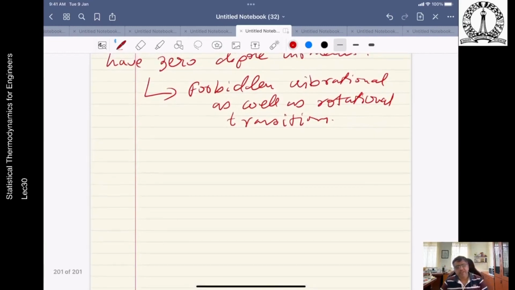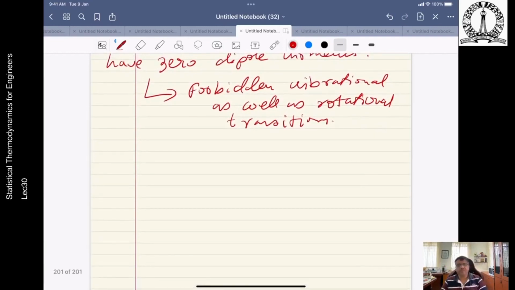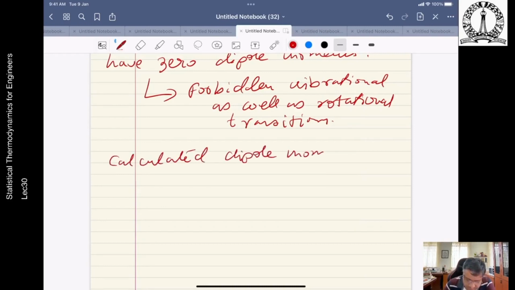So what spectroscopists did was to employ the calculated dipole moments plus the measured spectral signatures.